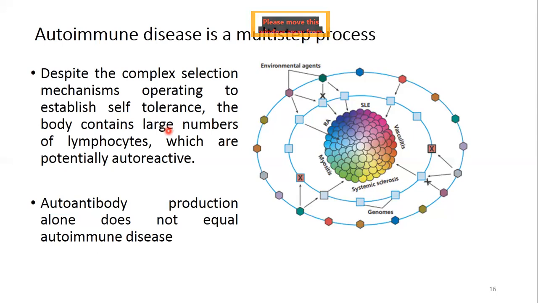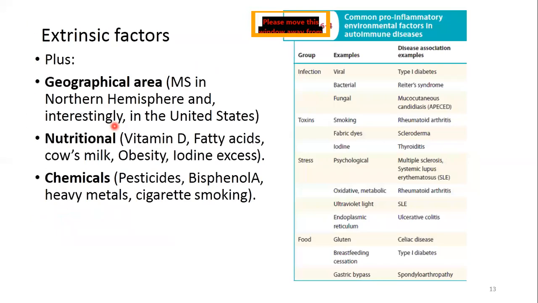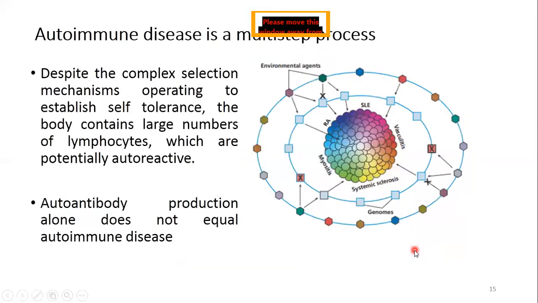People with autoimmune disease could have more than one disease. For example, many people with autoimmune thyroiditis could have problems with the GI tract, for example, celiac disease. So it's very complicated; it's not easy to produce autoimmunity.